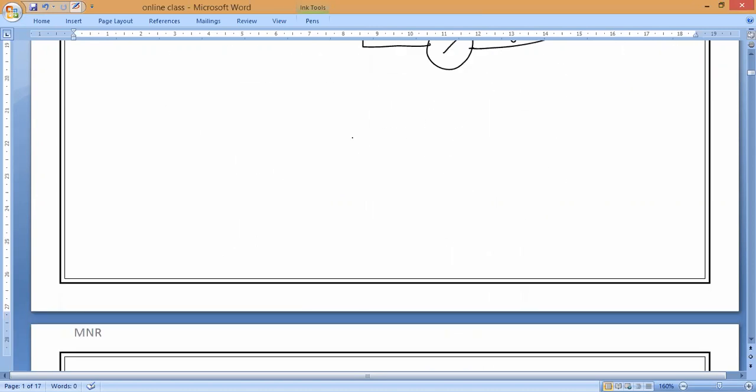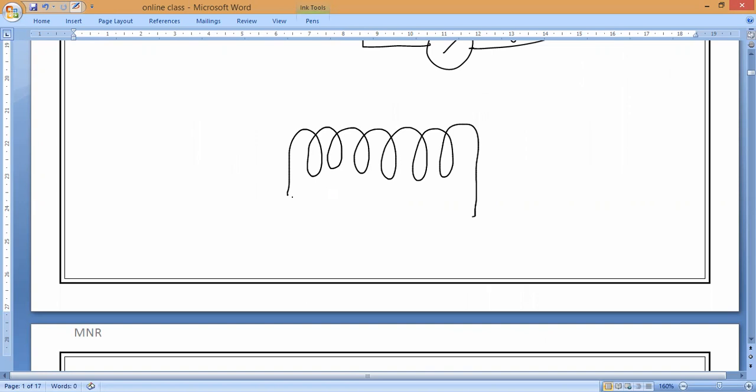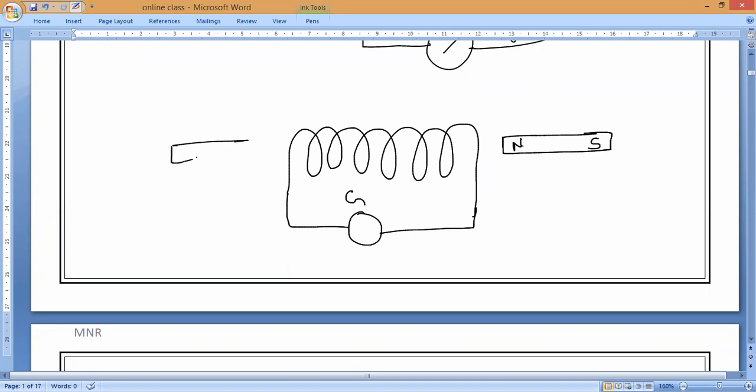So whatever the solenoid, all of you remember, wherever we are placing it, either we are moving the solenoid, or we are moving the bar magnet, not soft iron, either North Pole or South Pole, this side or that side, it doesn't matter.